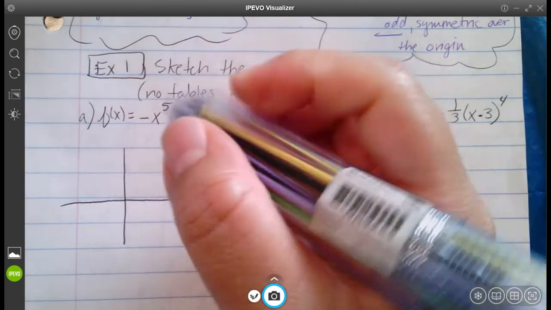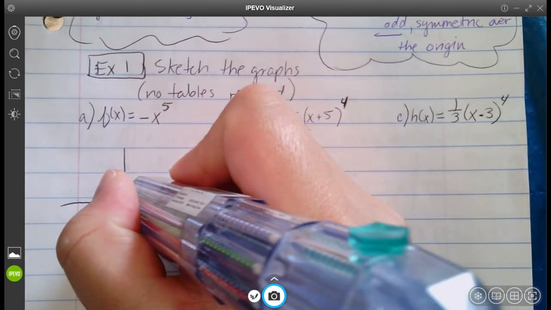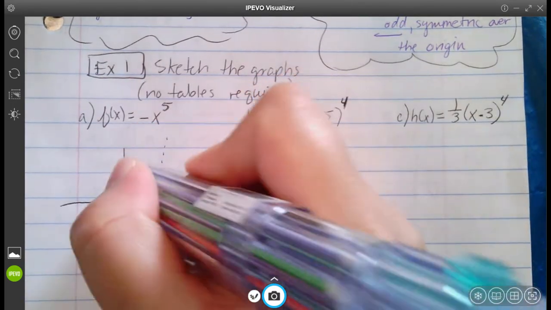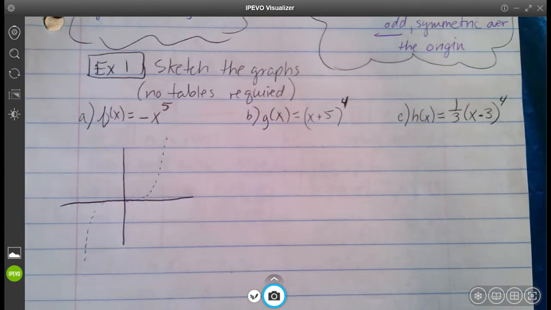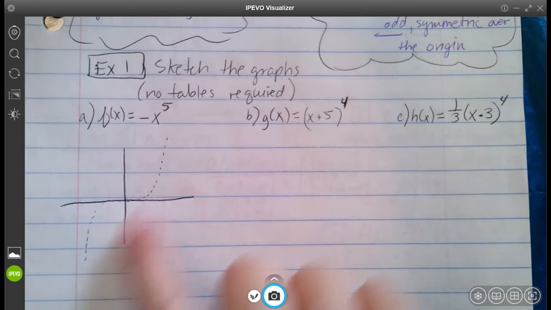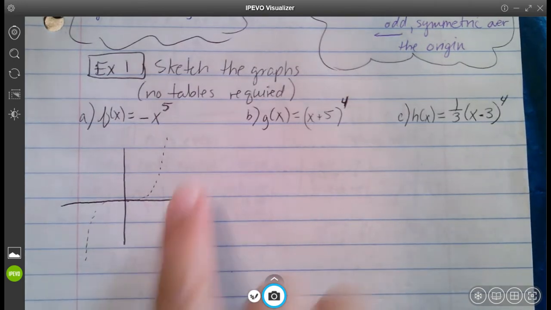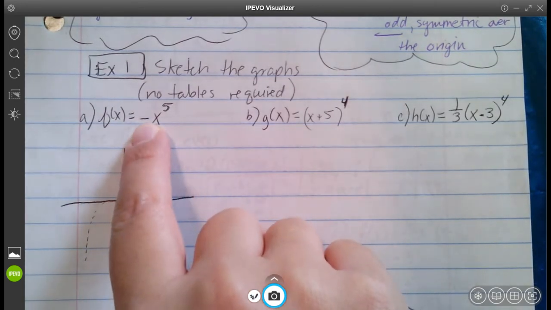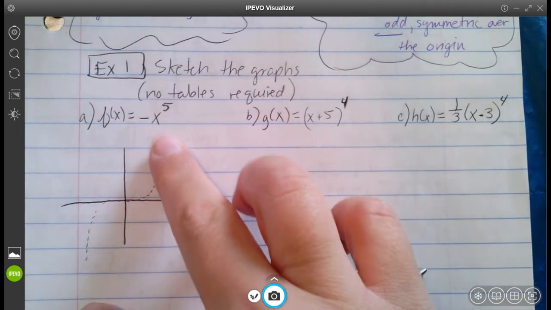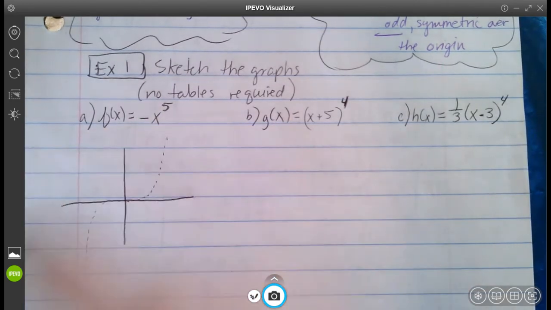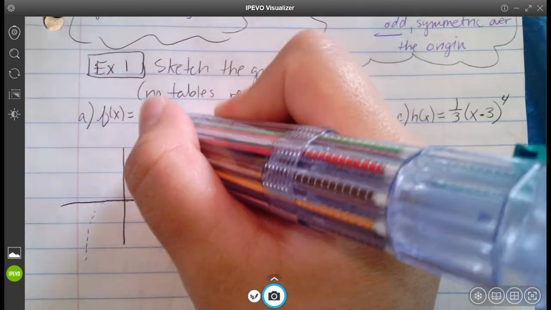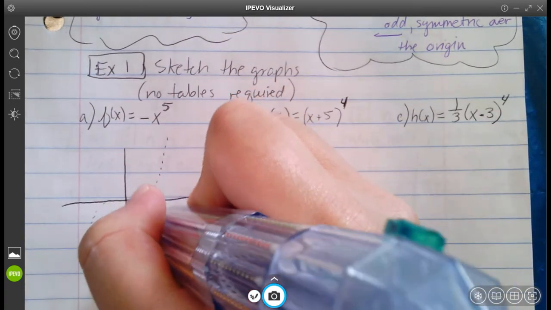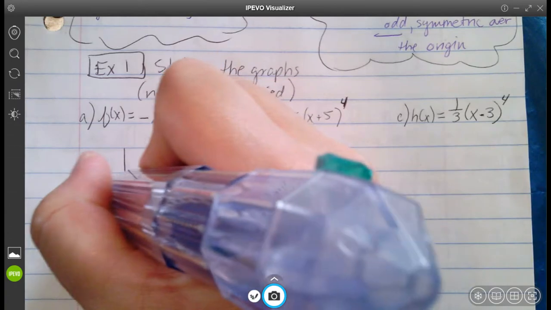So if I want to do a parent, x to the fifth power is kind of like this, where you have the right side going up and the left side going down. If I make it negative, based on what I know about transformations, it's going to reflect across the x-axis. So that means my new graph is going to flip over this way. So it's going to be something like that.